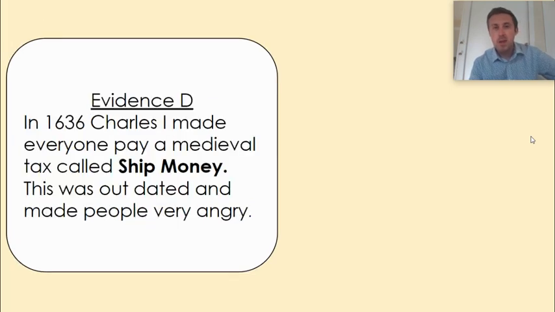Okay, next one. Evidence D. In 1636, Charles I made everyone pay a medieval tax called ship money. This was outdated and made people very angry. Charles I's fault, or is he unlucky? You decide, put a D on the scale where you think it belongs.